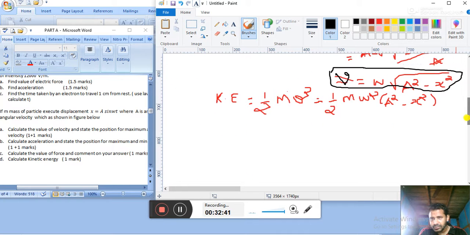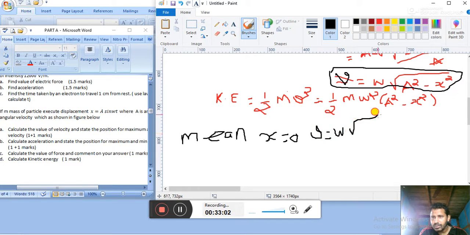So use the mean position, x equals 0. Now put those values over there: v equals omega root over a squared minus 0 squared, so you are just getting omega a.